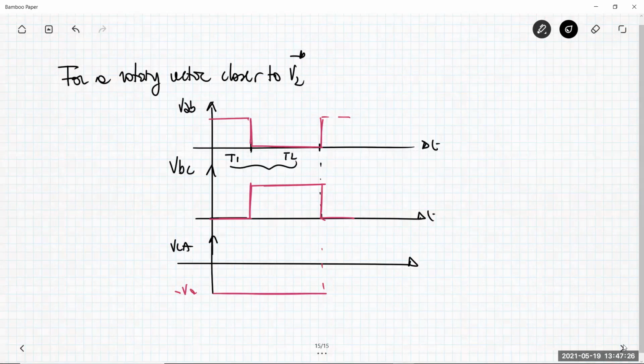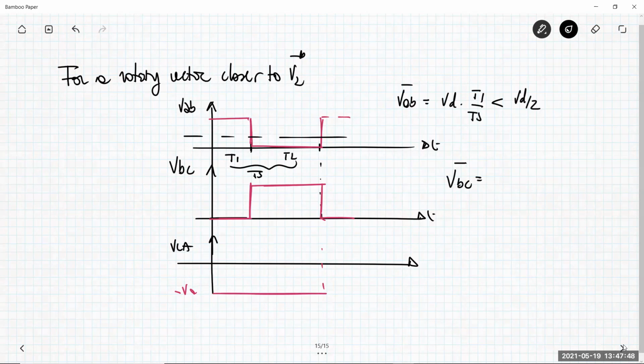So again, T1 plus T2 is our switching period, but now what happens to the average voltage? VAB average, which is VD multiplied by T1 over TS, is less than VD over 2. While here the VBC average value, which is VD T2 over TS, is higher than VD over 2.